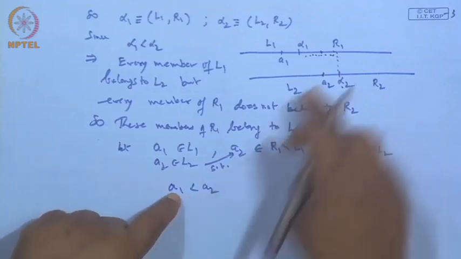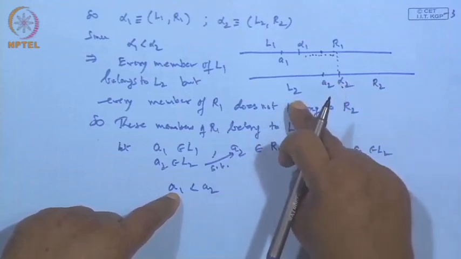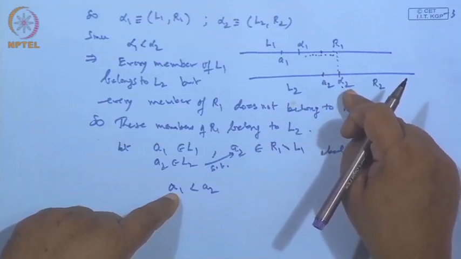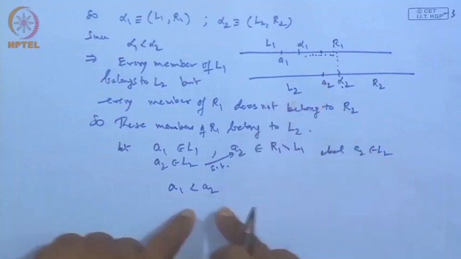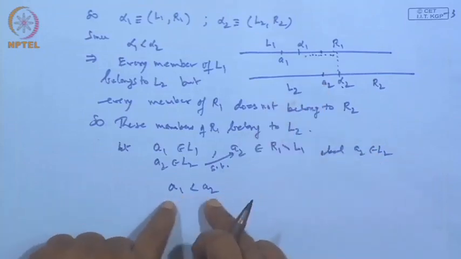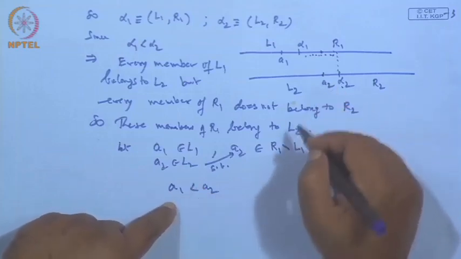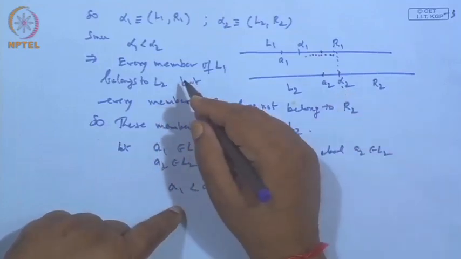A 1 and A 2 are points in the same class, class L 2. All the elements which are less than alpha 2 must be points in L 2, and there are infinitely many points. If I choose between A 1 and A 2, there are many points which we can introduce in between A 1 and A 2, which are less than alpha 2. Okay.